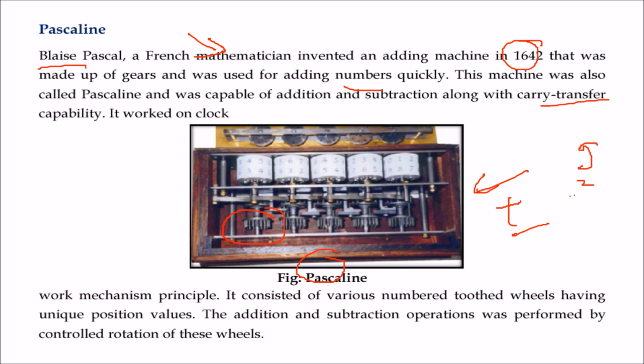If we add 9 with 2, 9 plus 2 is 11, and 1 will be carried. So this carry transfer capability was also there. It worked on the clock principle. It consists of various toothed wheels having their unique positions, and the addition and subtraction operations are performed by the controlled rotation of these wheels.